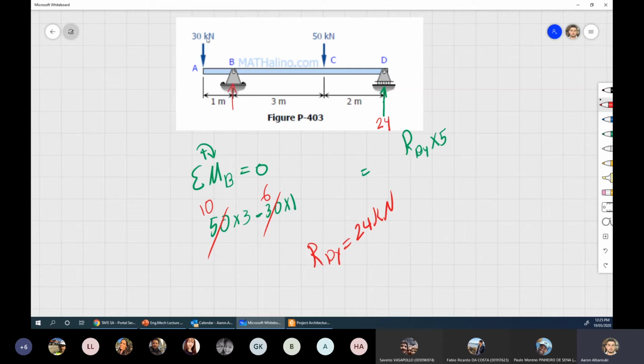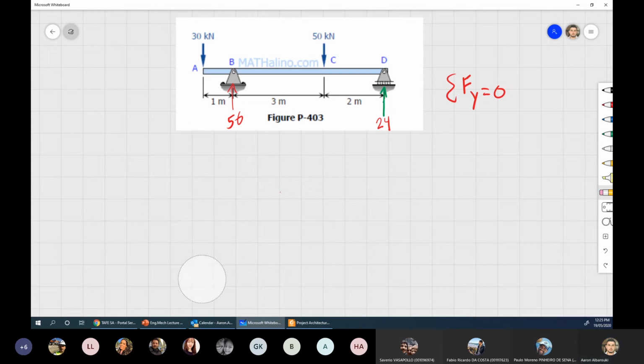that will be 50 plus 30, take 24, that is 56, I think it would be. So what I did here, sigma Fy equals 0. Sigma Fy, let me just get rid of that since we finished all of those. Sigma Fy equals 50 downward and 30 downward, that's 80 negative. And I've got 24 positive.